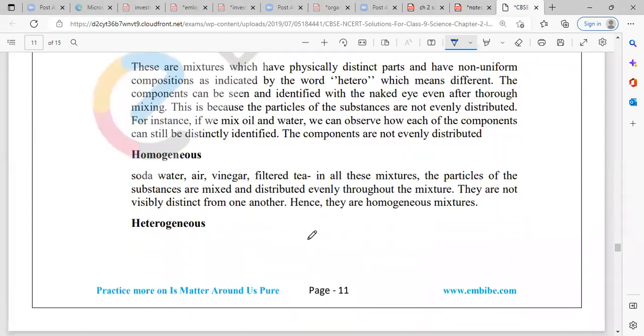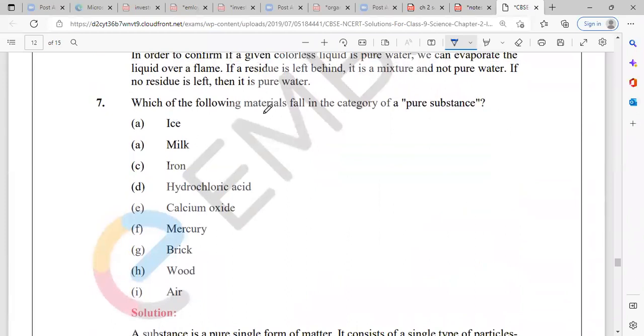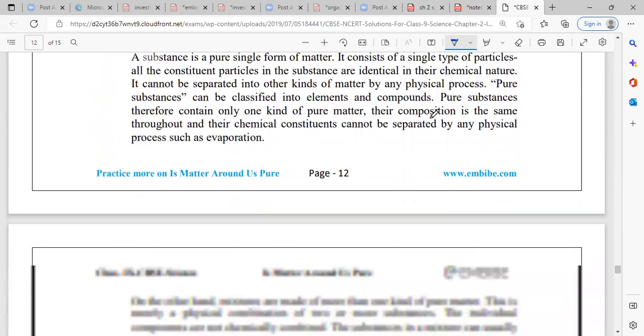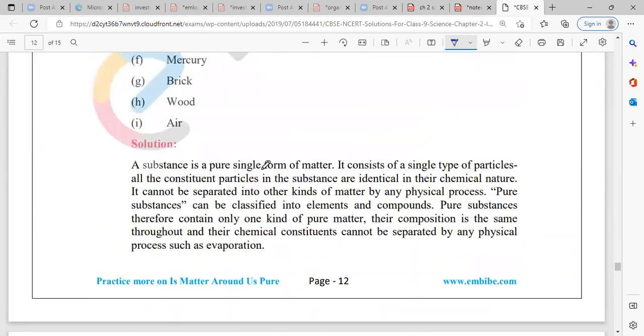Okay, so I'll just give you one more question. Yeah, this one. Which of the following materials falls in the category of pure substance? First of all, you should remember the definition of pure substance, that no other substance is mixed with it. A substance is a pure single form of matter. It consists of a single type of particles and cannot be separated.